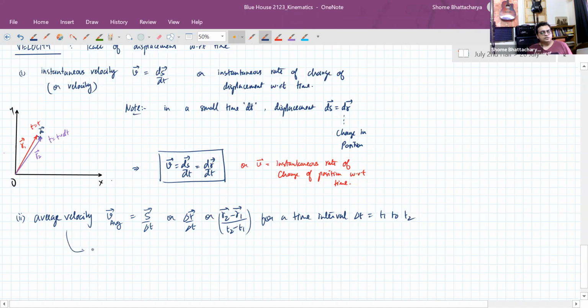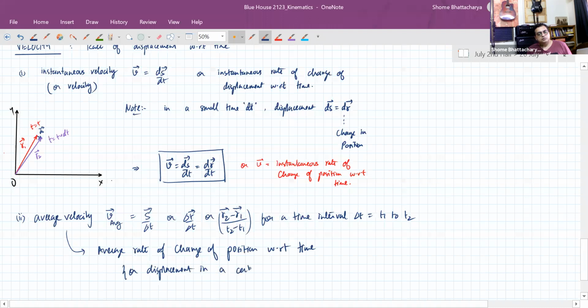So basically, average velocity is the average rate of change of position with respect to time. Or you can say it is the displacement in a certain time interval divided by the time interval.